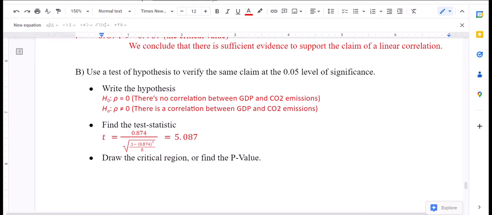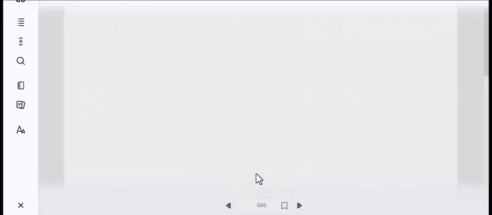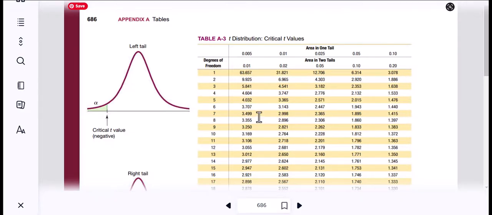So let's look at our t table. Right now I'm on Appendix A, which is my table A6, on page 692 of your ebook. Our t table is on page 686. So I'm just going to go to the book and type in 686, hit enter, and it's going to take me to my t table.